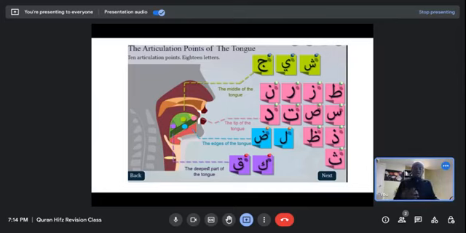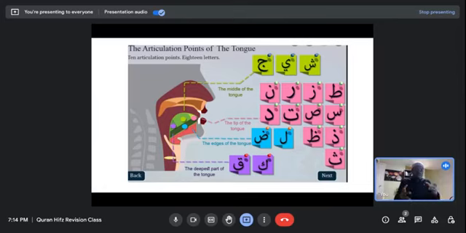So this ka and kaf, and there's a very good significance of why we have to learn the makharij. Whenever we get to certain parts of the recitation of the Quran, there are some Quranic ahkam that have to do with you knowing where these letters come out from.